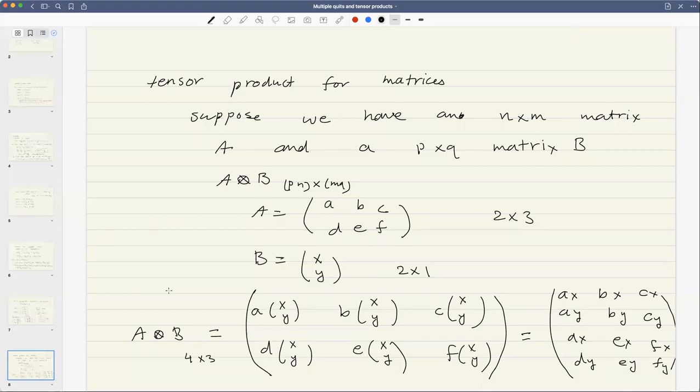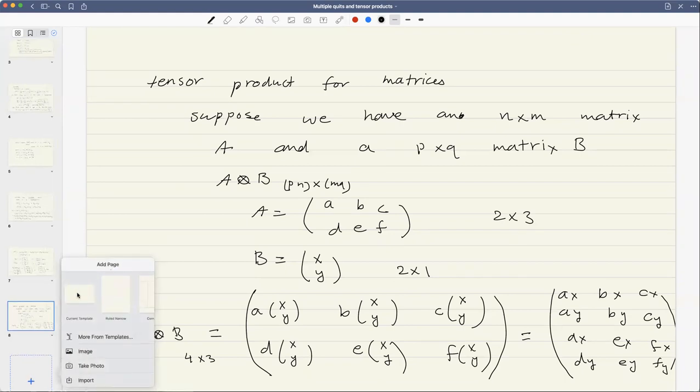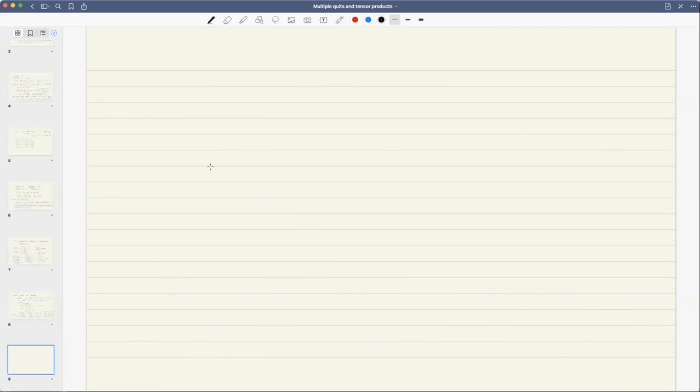So we talked about the general superpositions that we can get for 2 qubits, right?